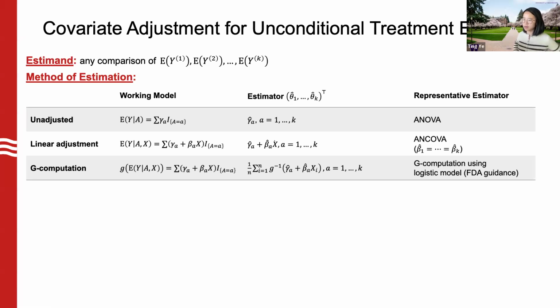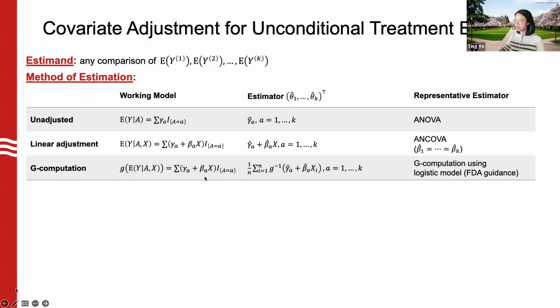The next I'll talk about is the G-computation. The G-computation basically extends linear adjustment to generalized linear models, where we fit a generalized linear model, and we can include the covariates in ways that we like, with or without treatment by covariate interaction.